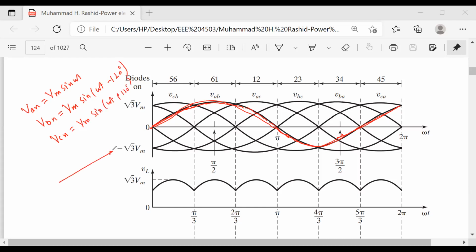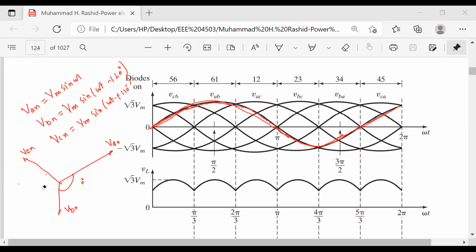Yes, sir. And if we draw the phasor diagram, this is your VAN, this is your VBN, at minus 120 degrees lagging, and from there VCN should be 240, or plus 120. You can go this way. Are you familiar with this concept? Rubel sir has already taught you.